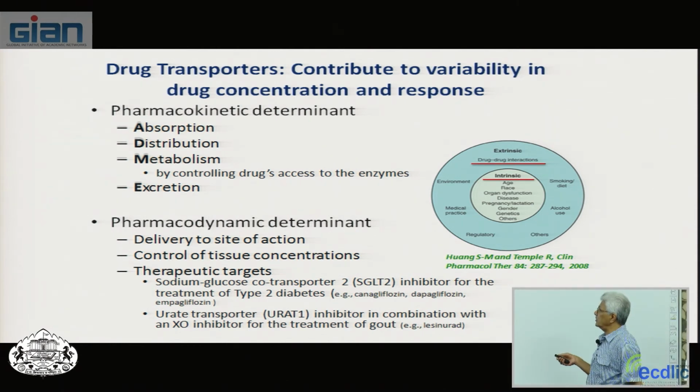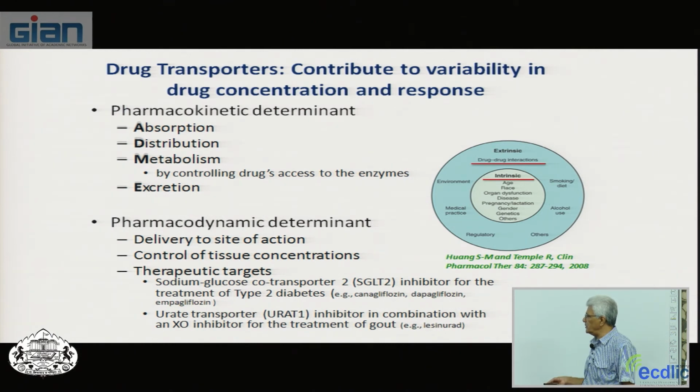Drug transporters, as we discussed so far, contribute to variability in drug concentration and response, and the pharmacokinetic determinants are the absorption, distribution, metabolism, and excretion. This is the ADME. We keep coming back to this theme. And then the pharmacodynamic determinants: delivery to the site of action, control of tissue concentrations, therapeutic targets.